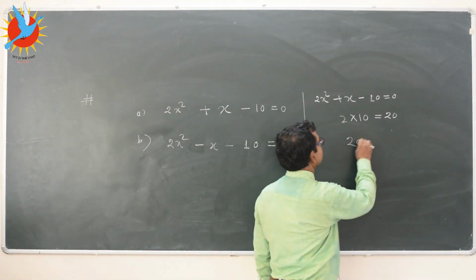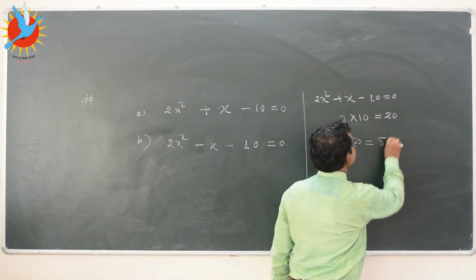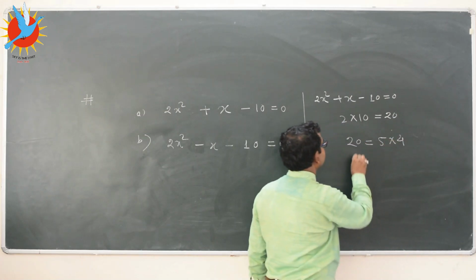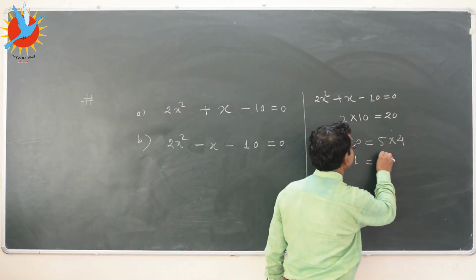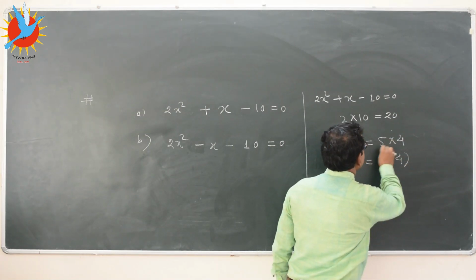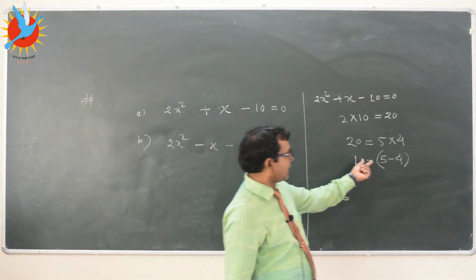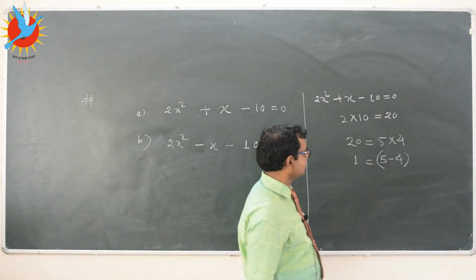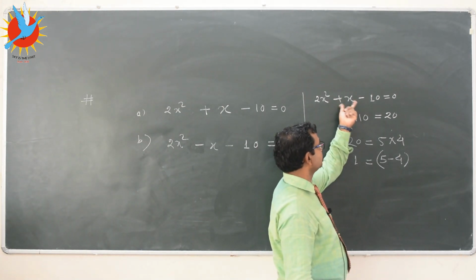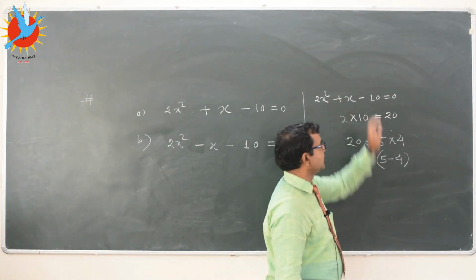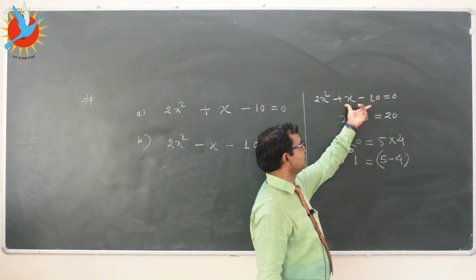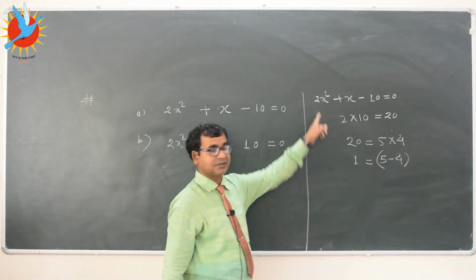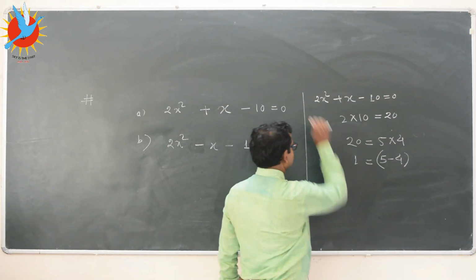Now this 20 can be factorized as 5 into 4, and 1 equal to 5 minus 4. So if you take 5 minus 4 as the coefficient of x, then this middle term will be split and we will be able to factorize this quadratic polynomial, and hence we have the solution of this quadratic equation.